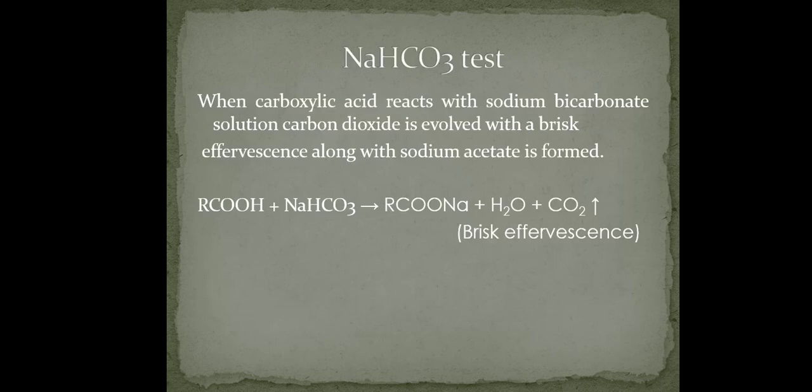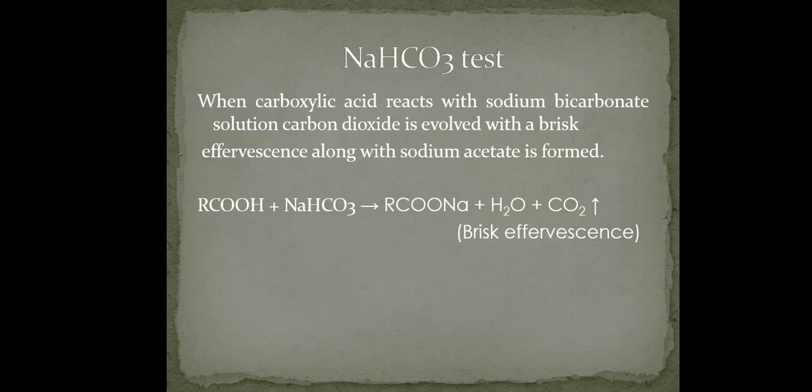Sodium hydrogen carbonate test. When carboxylic acid reacts with sodium bicarbonate solution, carbon dioxide is evolved with a brisk effervescence. Along with it, sodium acetate is formed. So you can see the reaction when carboxylic acid reacts with sodium bicarbonate.